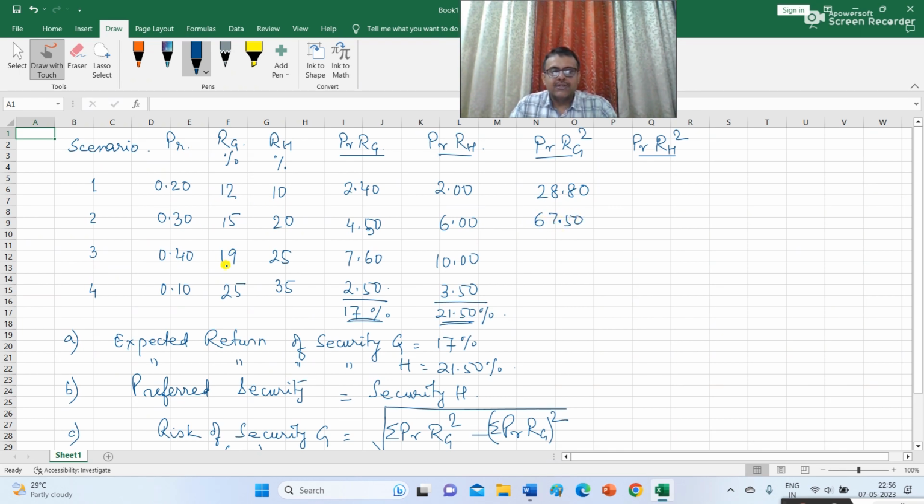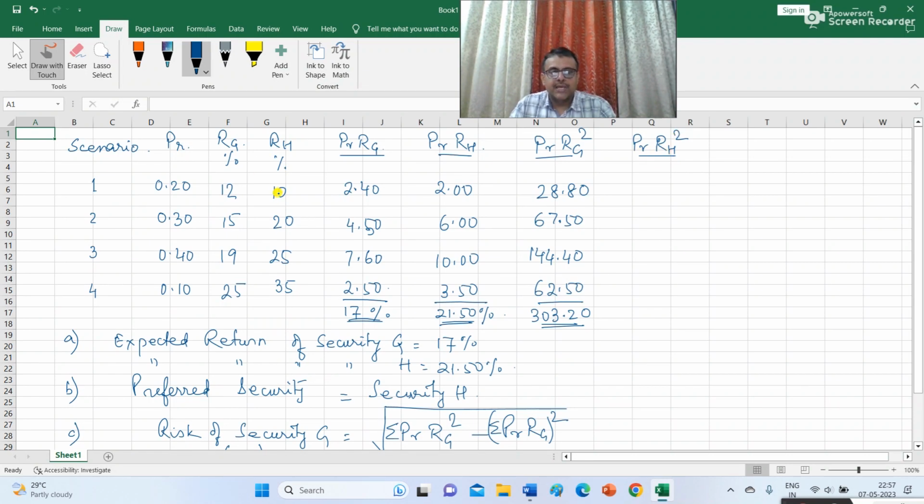If you multiply 19 square with 0.4, you will get 144.40. 25 square with 0.1 is 62.50. And the sum total of these four, you will get 303.20.